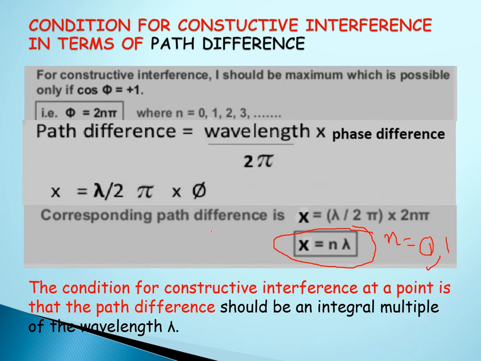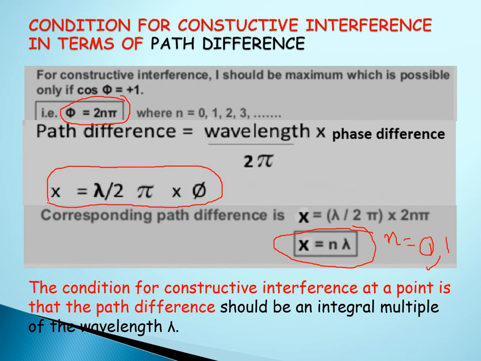I don't know whether you have understood. Once again I will explain. Children, we have found out the condition for constructive interference in terms of phase difference. What was it? The phase difference phi should be equal to 2n pi. Then we found out the relation between path difference and phase difference: x is equal to lambda by 2 pi into phi.